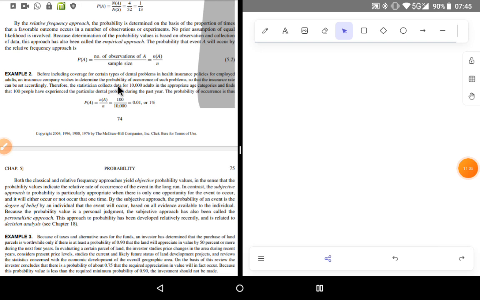The statistician collects 10,000 data from adults, which means we are going to be having our sample space to be 10,000. Then, after having our sample space to be 10,000, we now ask, what is the probability of them having dental issues, and find that 100 people have experienced the particular dental problem.